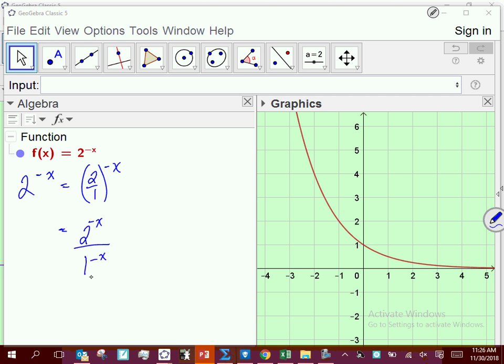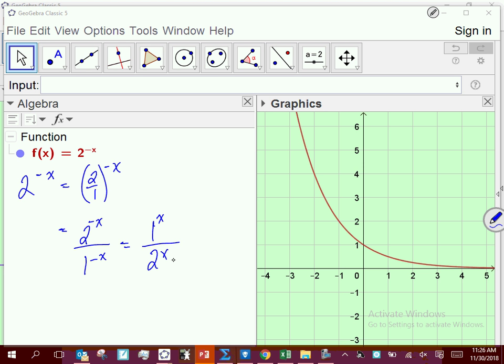Like that? Okay. Well, isn't the way that I get rid of negative exponents, I take that base and that exponent and I transfer it to the other side of the division bar? So if the numerator becomes the denominator, the denominator becomes the numerator. So can I take this 1 to the negative x and make it 1 to the x in the numerator? Okay, and now can I take this 2 to the negative x and make it 2 to the x in the denominator?